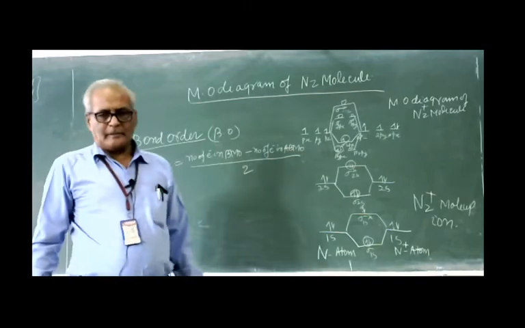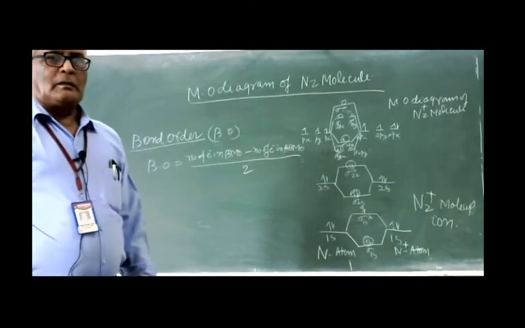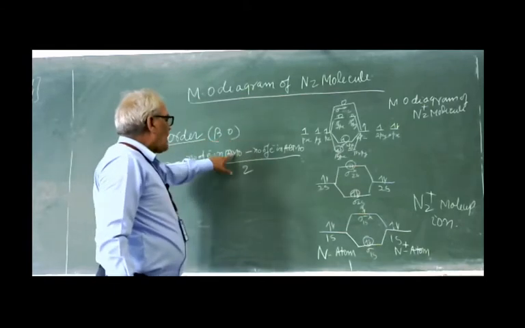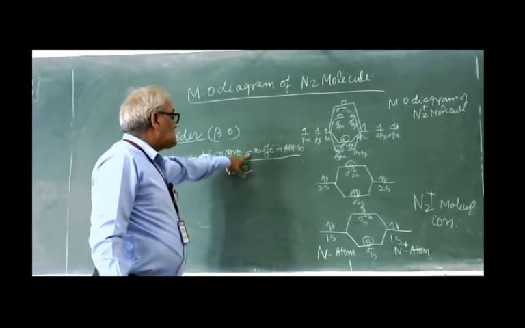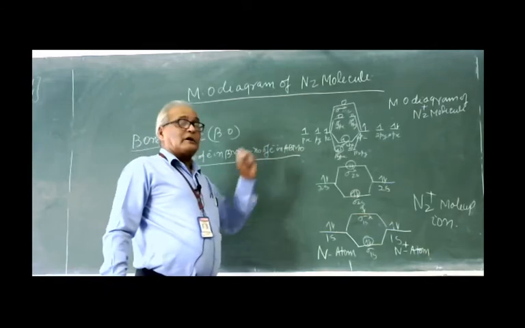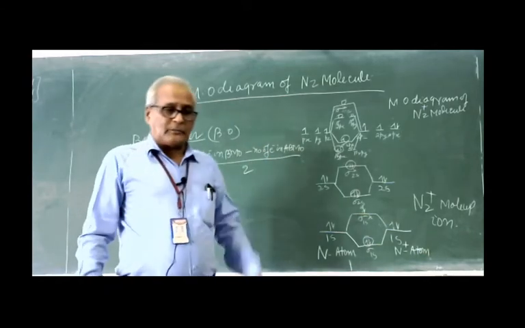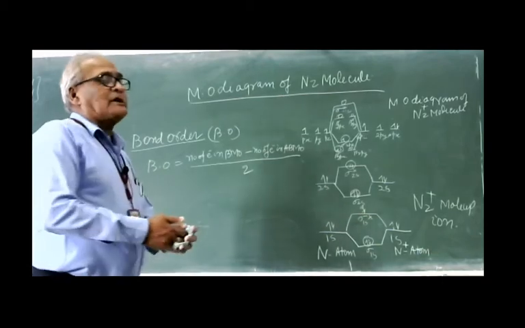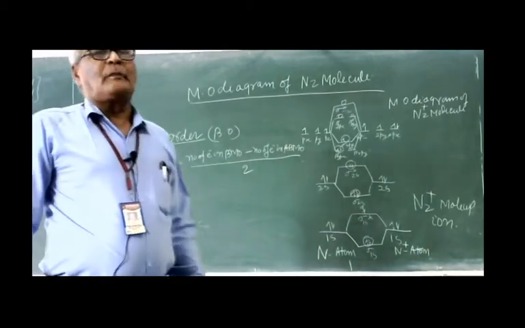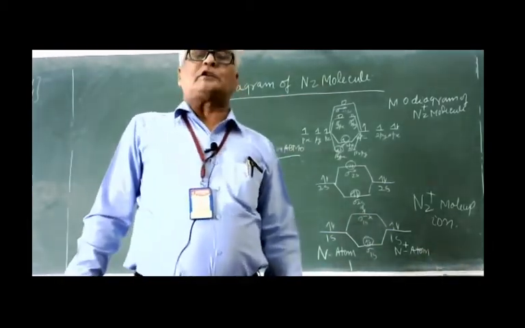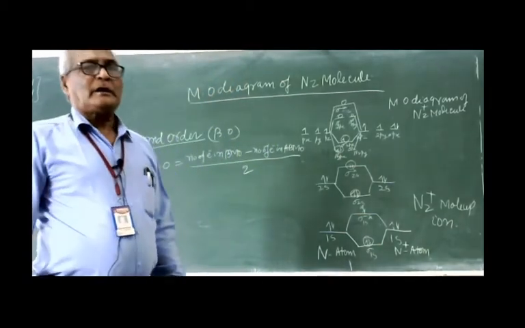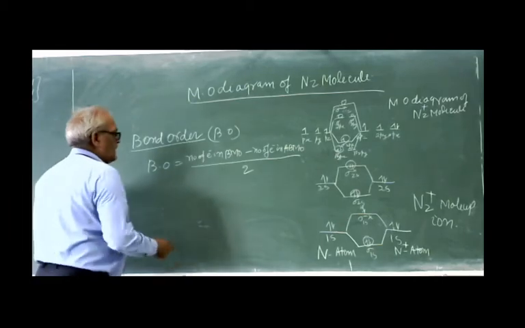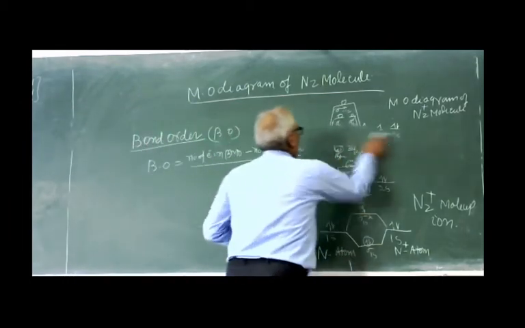Bond order means the number of electrons in bonding molecular orbitals minus the number of electrons in anti-bonding molecular orbitals, divided by 2. For example, if somebody asks you what is the bond order of the N2 molecule, very easily you can say this is the bond order.